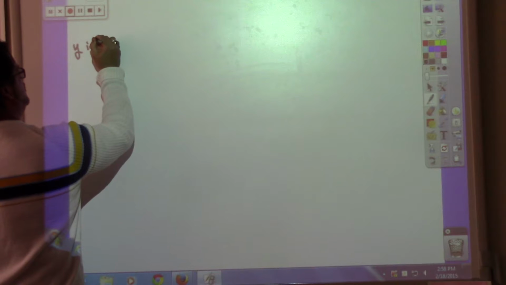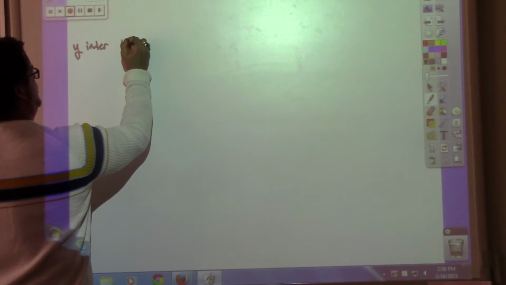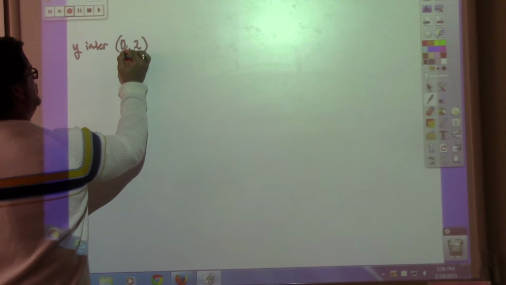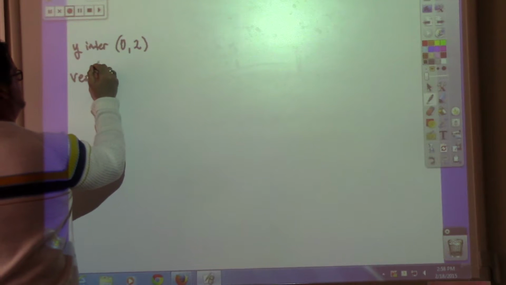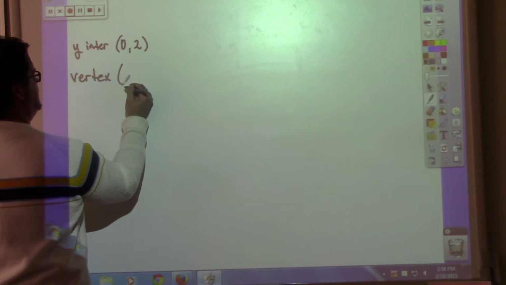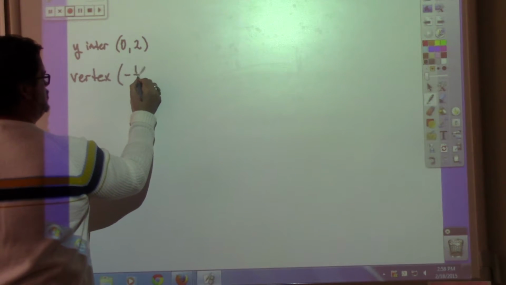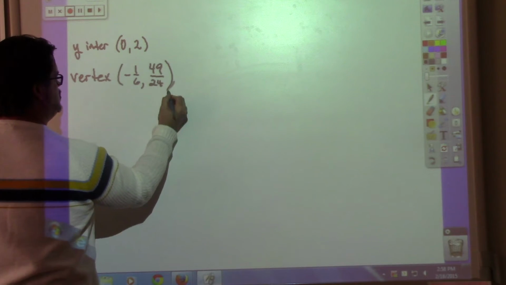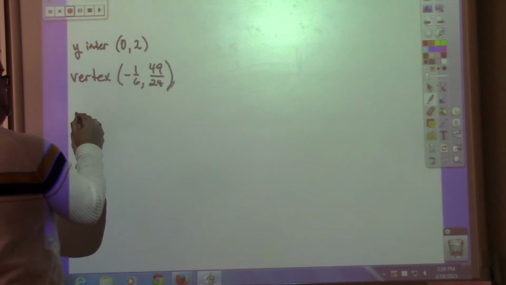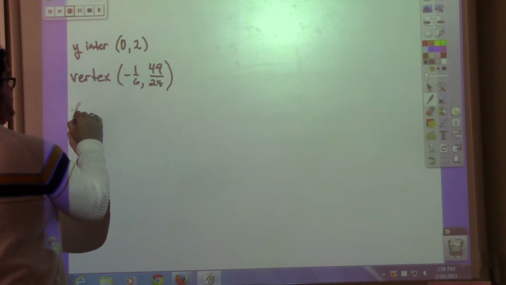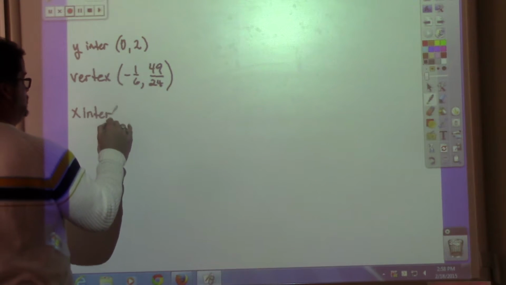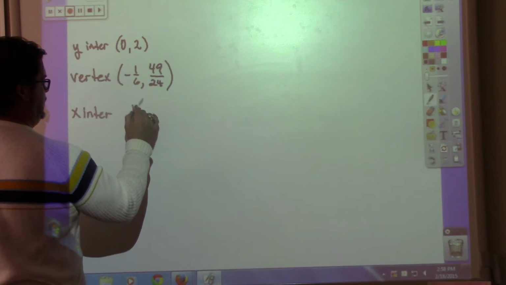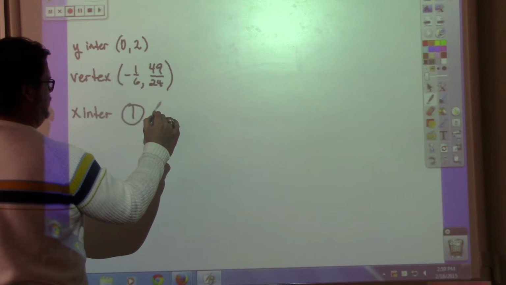Y-intercept of 0, 2. A vertex. Somebody give me the vertex again. Negative 1/6, comma 49 over 24. And x-intercepts of 1 and negative 4/3.